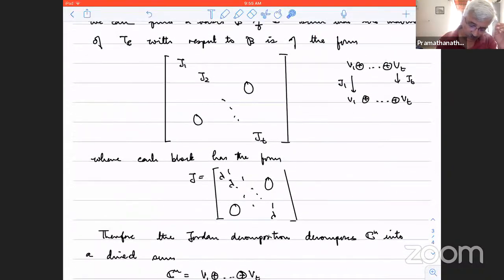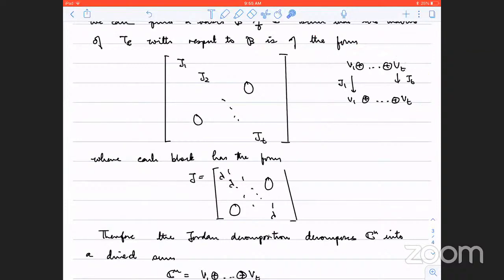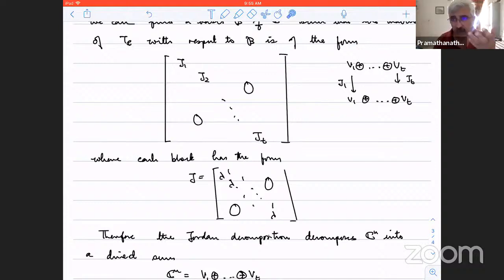So this is how it works. Sir, why is the algebraic multiplicity the sum of the sizes? I don't want to do a whole theory of Jordan canonical forms, but the sum of the sizes will be the algebraic multiplicity. That's not hard to see, actually.